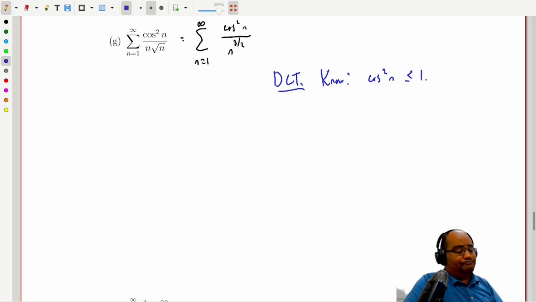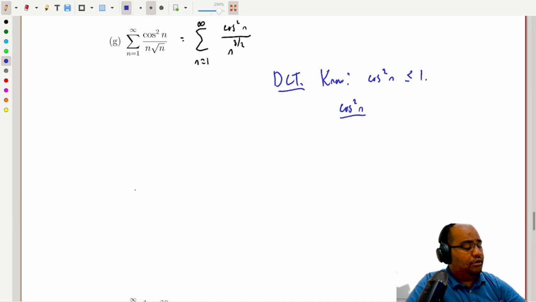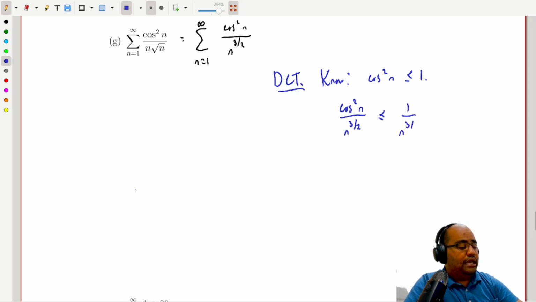That is true. Now let's divide both sides of this inequality by n to the 3 halves, which is certainly going to be a positive number. Whenever I take even-powered roots, I always have to get a positive number. So we have that cosine squared of n over n to the 3 over 2 is less than or equal to 1 over n to the 3 halves. But now we got to take a look here.